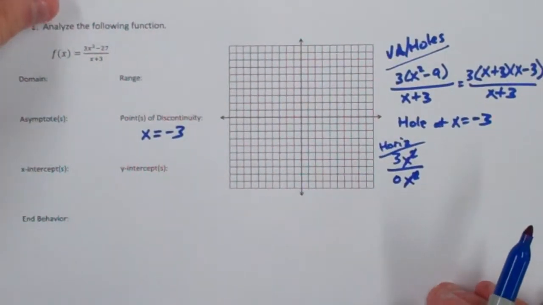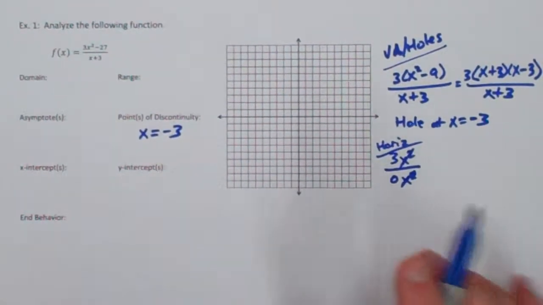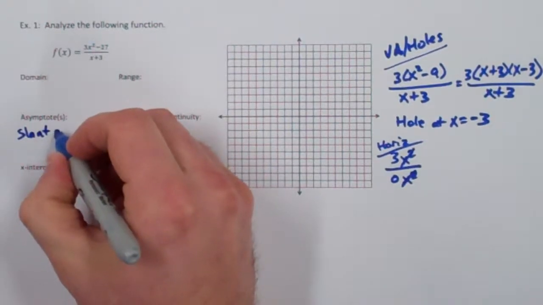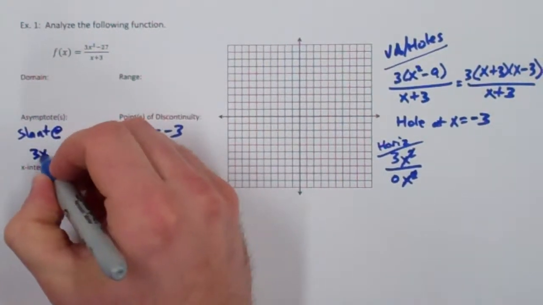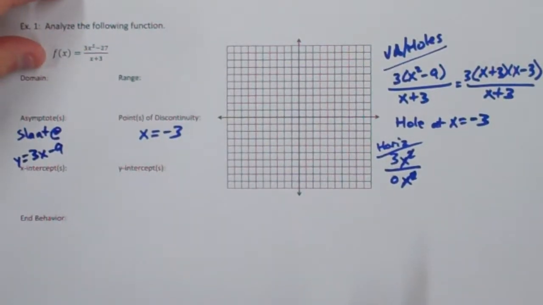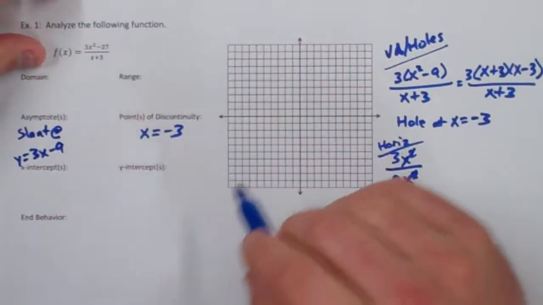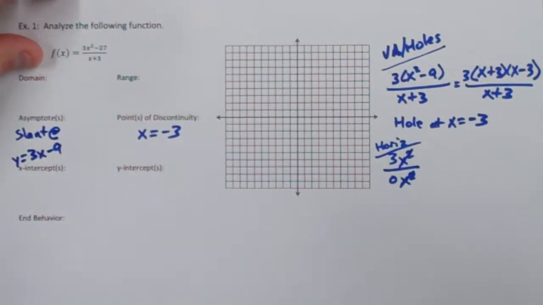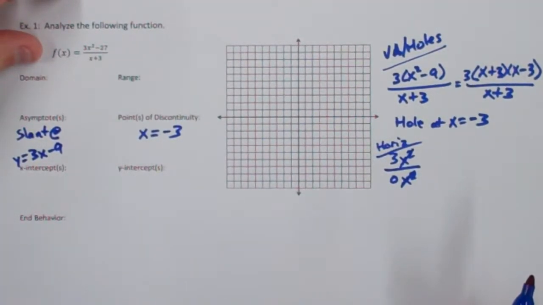So if we really wanted to, we could write here that there's a slant asymptote at y equals 3x minus 9, because that would be an equation of a line. I'm not going to draw that, because if I do, it's going to get a little confusing. This graph, I'm thinking, is going to lie right on that line, but we'll see what happens.